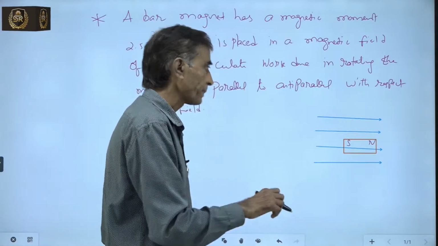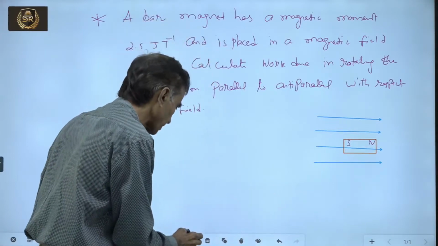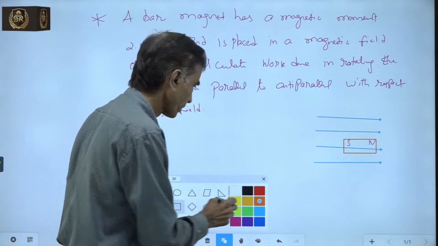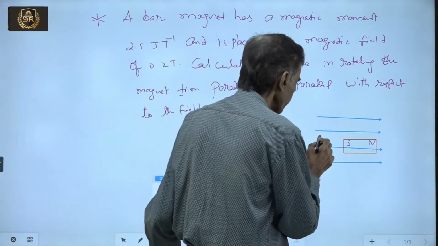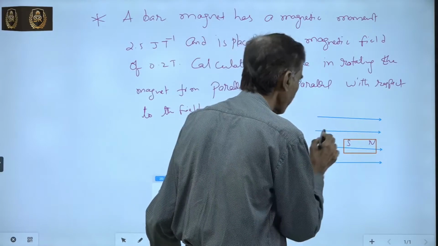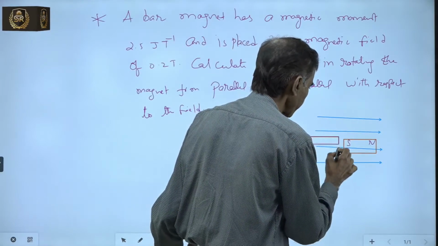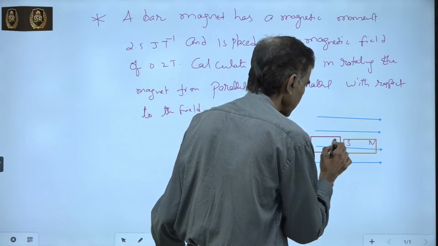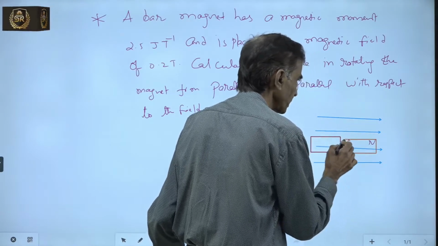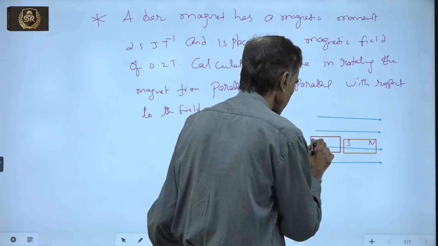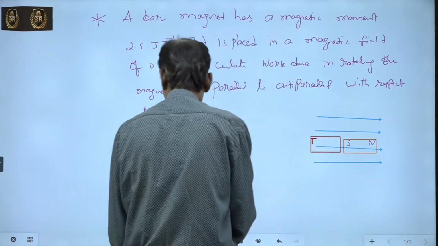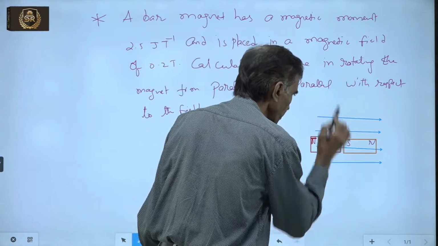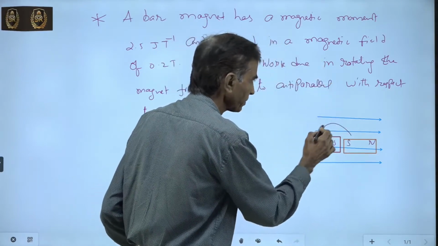Now anti-parallel means the magnet will be reversed like this, so the north pole and south pole are interchanged. So what is the angle turned?